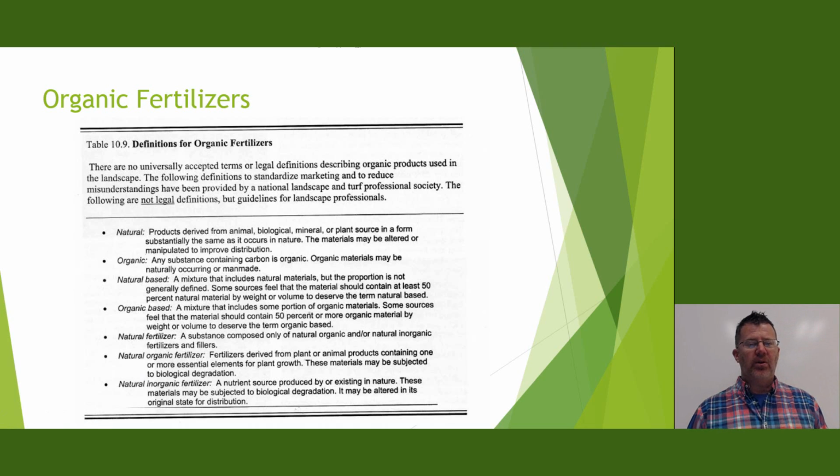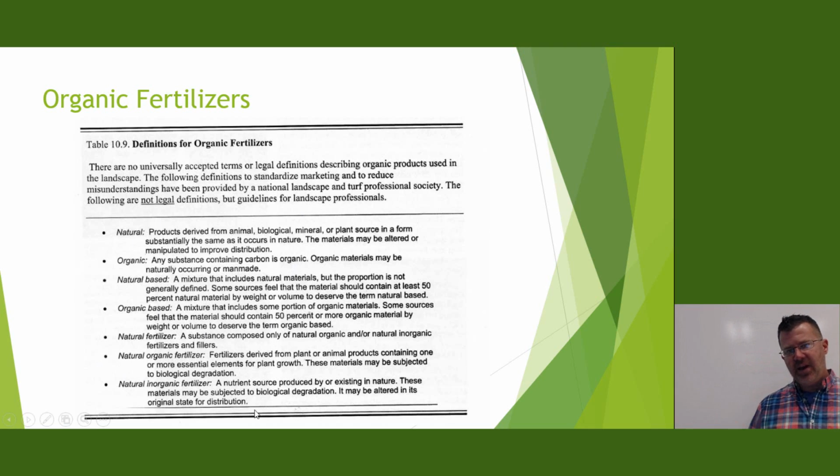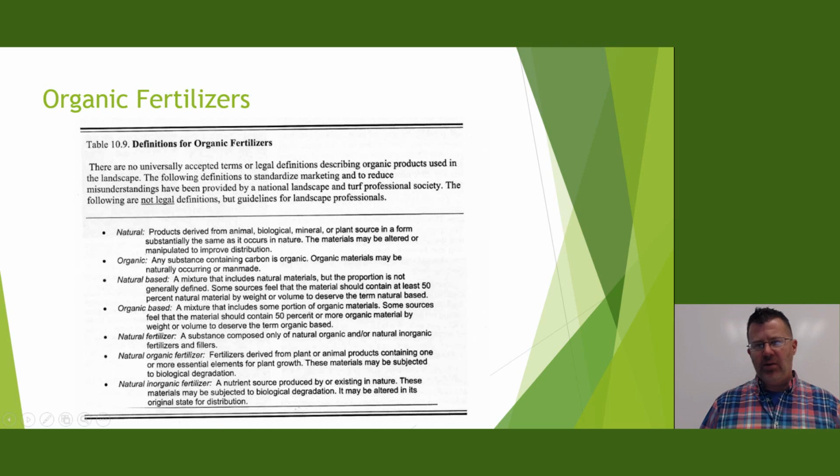These materials may be altered and manipulated to improve distribution. So just pay attention to these definitions. Again, these could be test questions. I threw this in here because the book gives us a lot of tables, and not every one of them do I include in my lectures, but the ones that I've put in this one are pretty important, so I wanted you to pay attention to that.